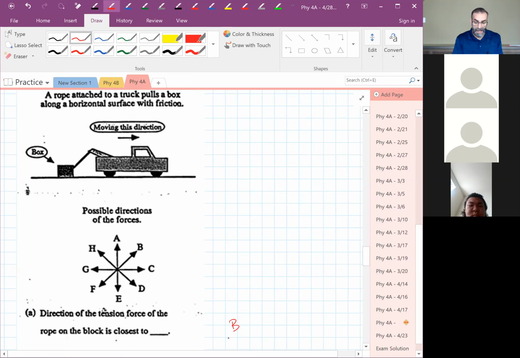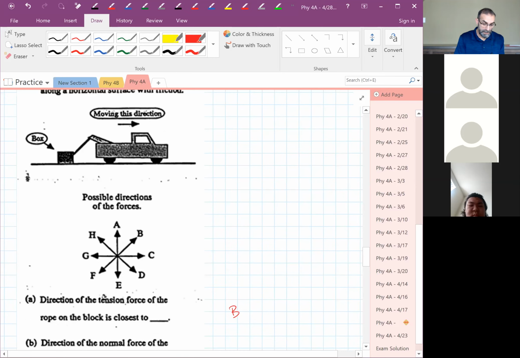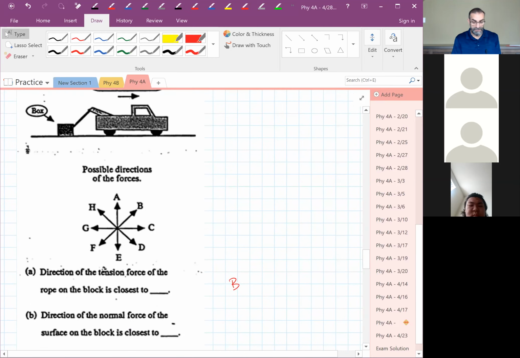This is the rope on the box, right? So it would be pulling up and to the right. The rope is pulling the box up and to the right. Good? Normal force of the surface on the block.